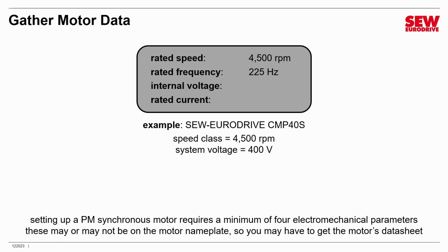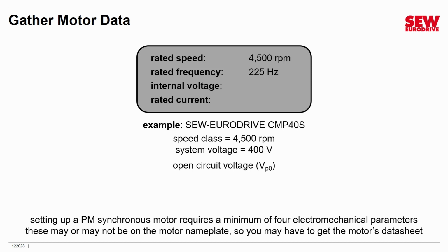However, these second 2 pieces of information are not on the nameplate. And you might be thinking, well, isn't the internal voltage the same as the system voltage, 400 volts? The answer is no. The internal voltage has to be calculated, and I had to dig into the motor's datasheet to get this information. Now, I needed to look up what was called the open circuit voltage, which is often V sub P0 or U sub P0 in most datasheets.